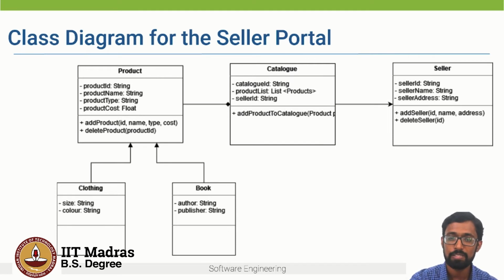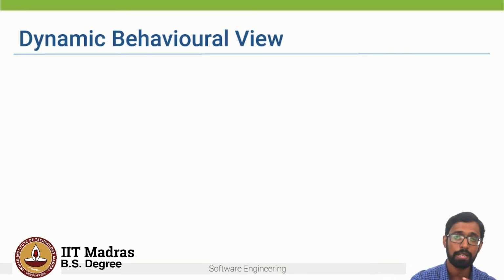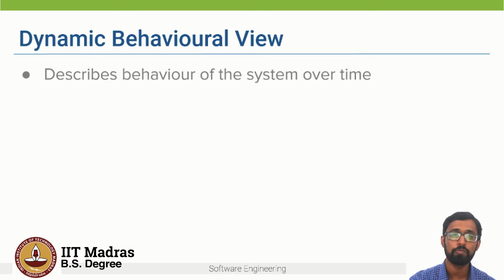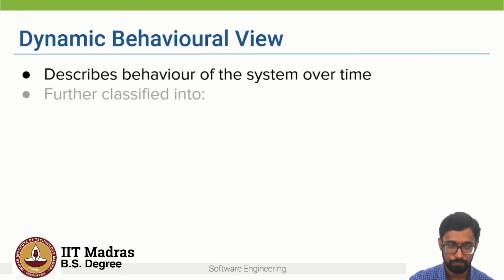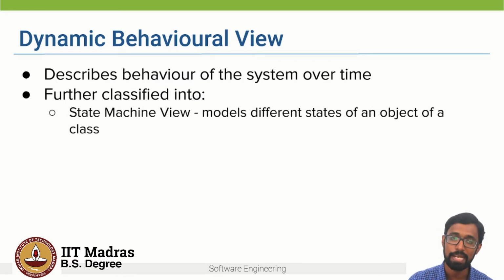Now that we have seen what the structural view is, let us look at another important view, which is the dynamic behavioral view. So these views describe the behavior of the system over time. And there are different types of views. So one is known as the state machine view, which models different states of an object of a class.